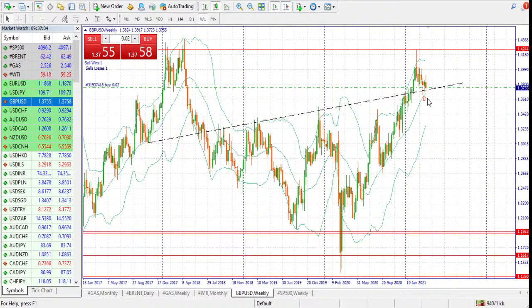Actually, we want to see a close beyond this level so that we can pick a buy position. We're expecting that buy to take us up to around 1.4244. The current week's candle should close above the closing price of the previous week's candle.